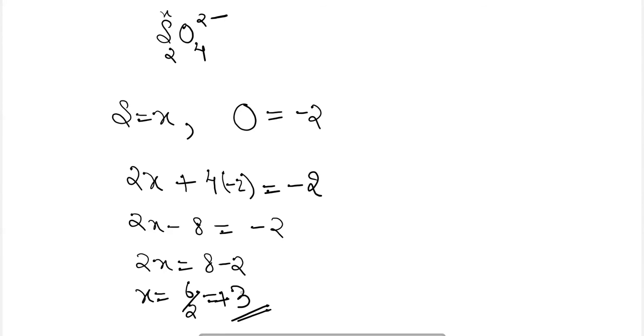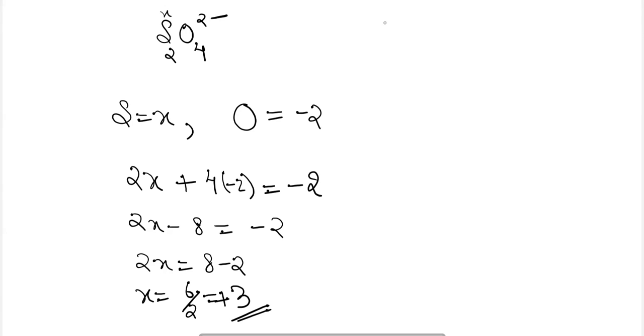So like this we have to calculate the oxidation state for the different atoms in the different molecules which are given. I am giving you some homework questions using the method which I have demonstrated here.